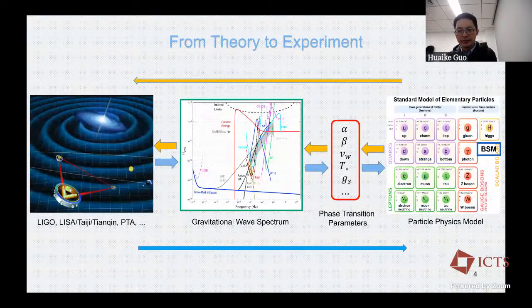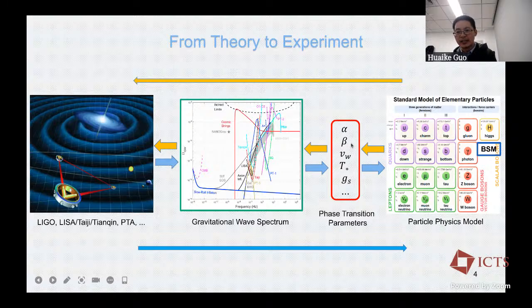So in this field, usually the research is divided into several steps. We start with some particle physics model, probably with new particles or other new things, and we calculate a bunch of phase transition parameters. Alpha is the energy released from the phase transition, normalized by some quantity to make it dimensionless.